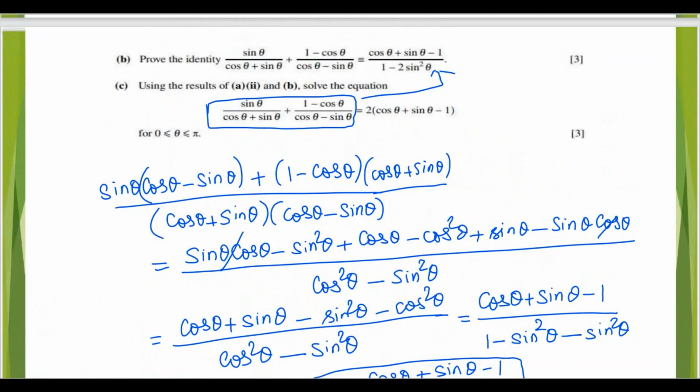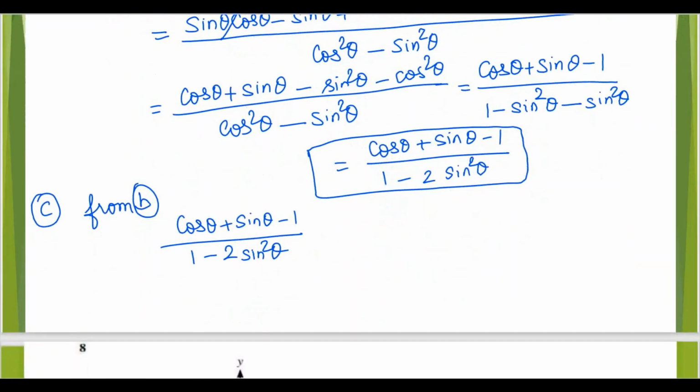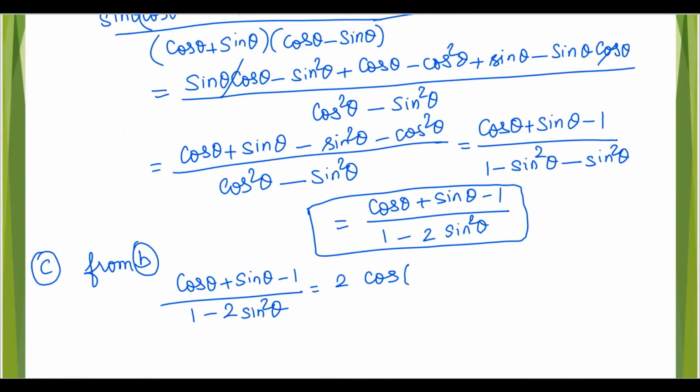This is the left hand side here. Right hand side, this is equal to 2 multiplied by cos theta plus sin theta minus 1.